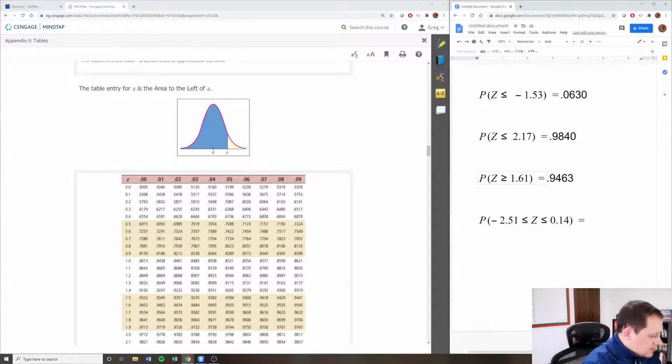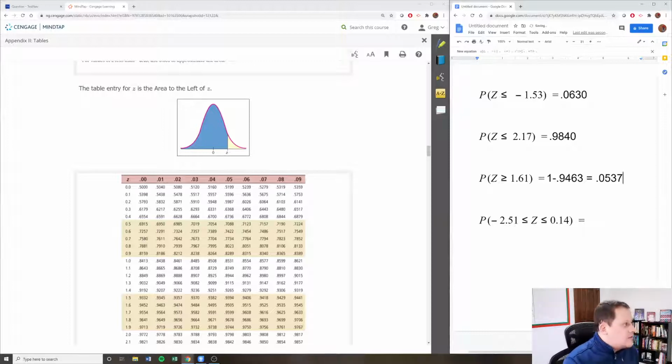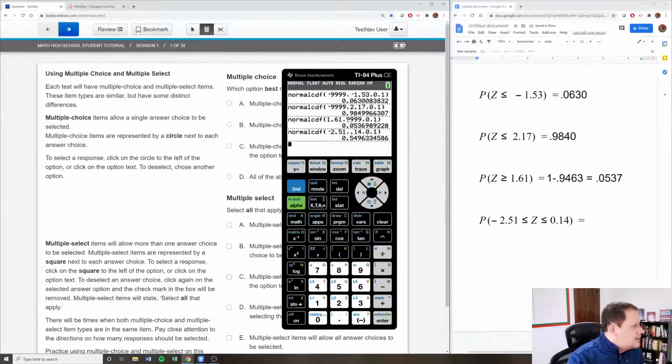That's 0.0537. Is that what we got on the calculator? Yes, 0.0537 when we round that to 4 decimal places.